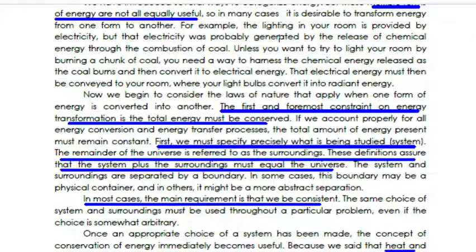We already understand that heat and work are forms of energy transfer, and the overall change in energy, we designate as delta E. This is the new term for our overall change.